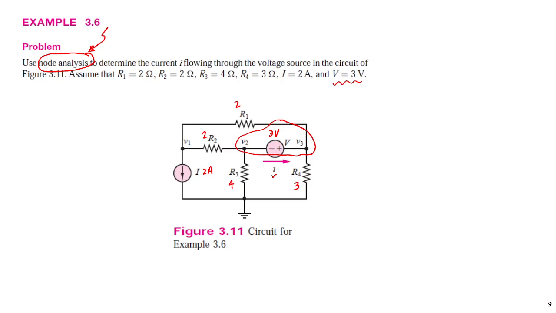We can substitute V3 by V2 plus 3 volt, or substitute V2 by V3 minus 3 volt. We don't need to solve 3 nodes in this case. When the circuit has a voltage source, nodal analysis will reduce some unknowns.